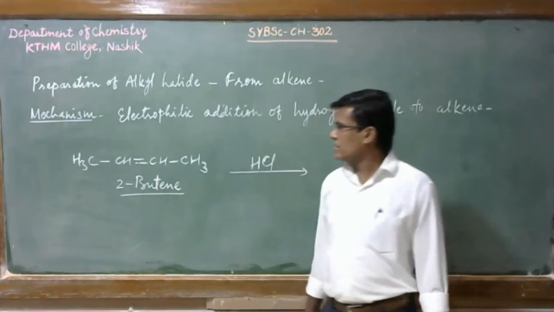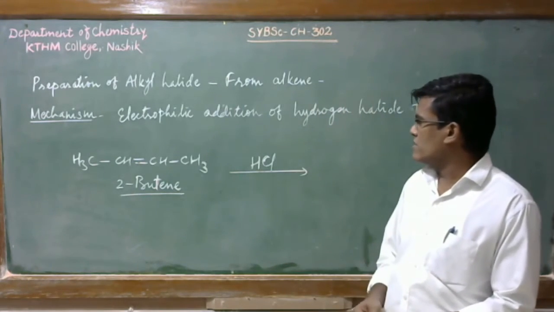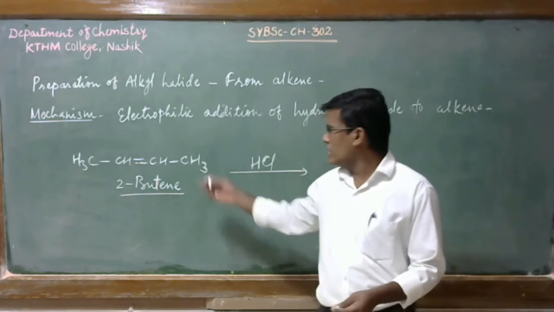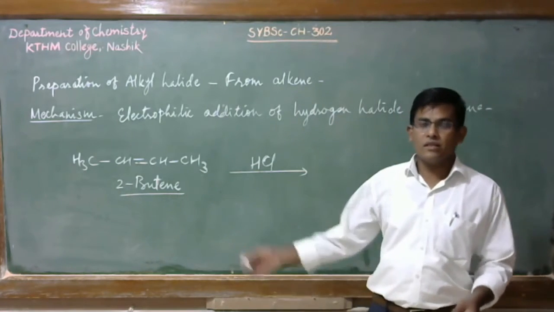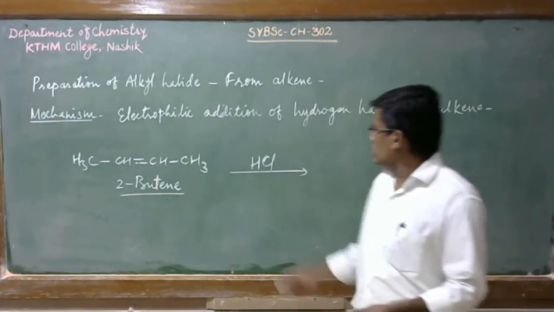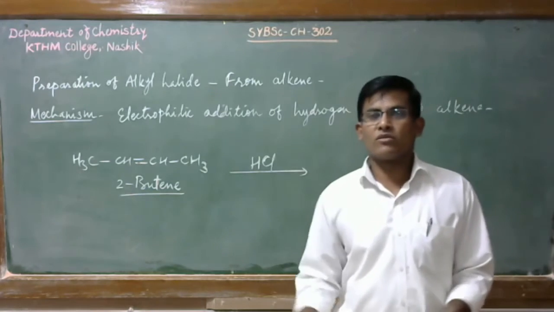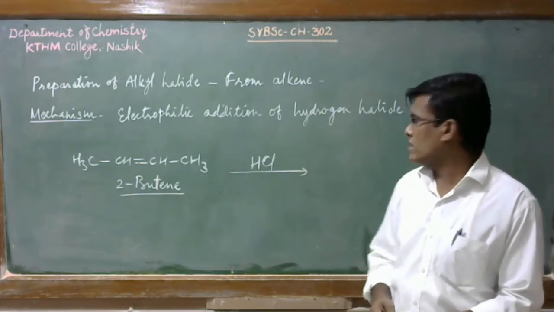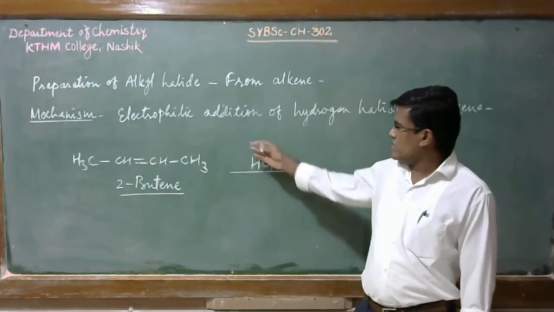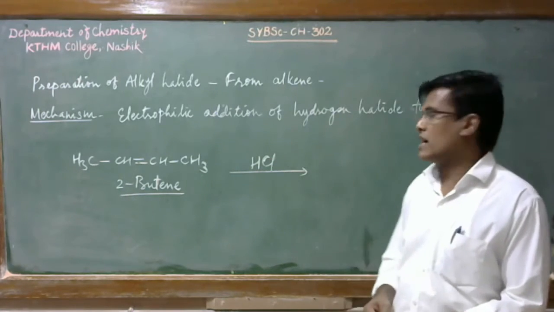As I said, this alkene is electron rich, so it acts as a nucleophile. The hydrogen halide has both an electrophile as well as a nucleophile, so addition of hydrogen halide is the easiest electrophilic addition reaction.